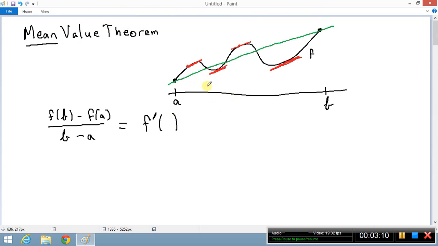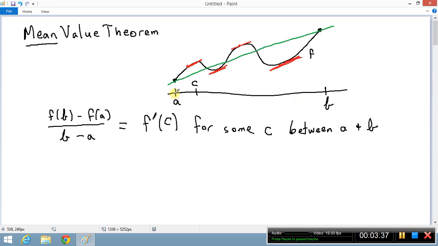So, for instance, it would have to happen at this particular number. Let's call it C. So all the mean value theorem says is that the average rate of change equals the instantaneous rate of change for at least one, I'll say for some C between A and B.